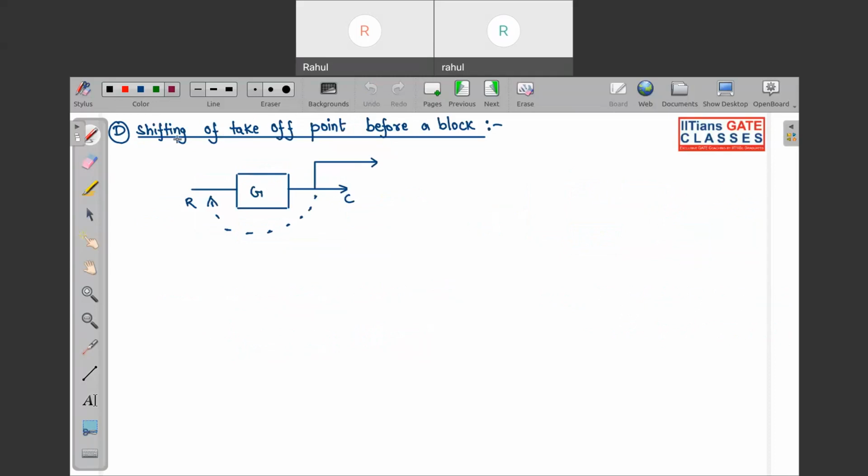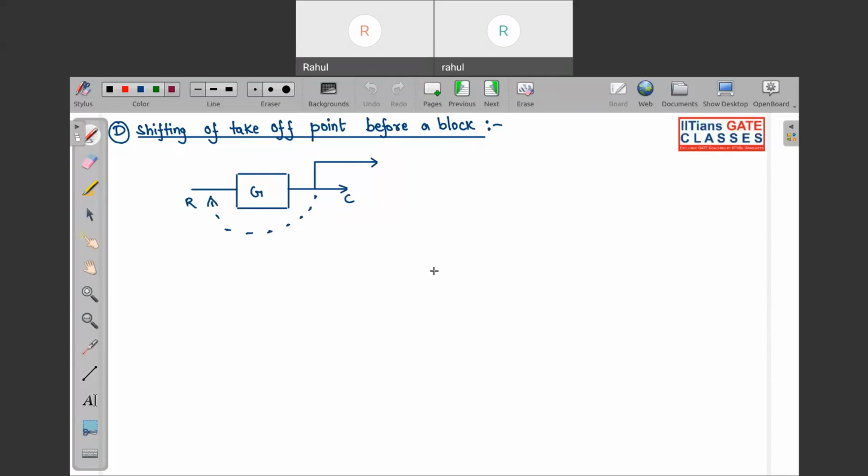Now next is what? Shifting of takeoff point before a block. So how do we do this? Actually, see, students try to remember or memorize, but you should never memorize. The only thing you should remember is that before manipulation and after manipulation, the output of none of your branches should change.